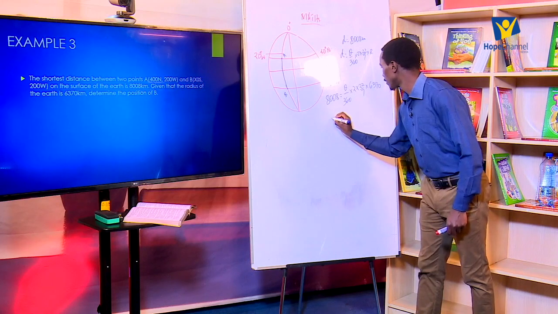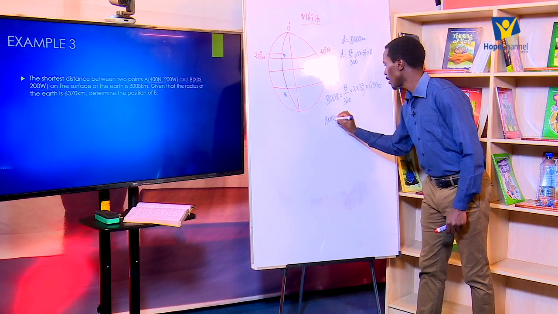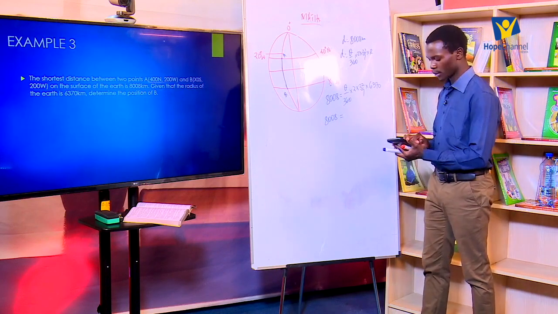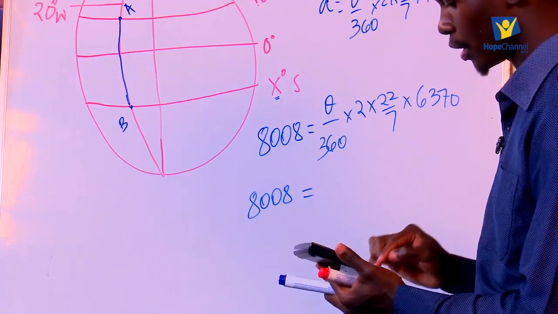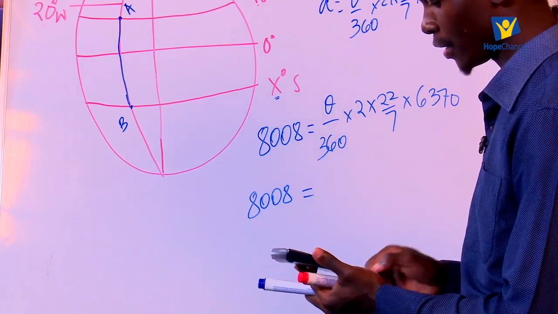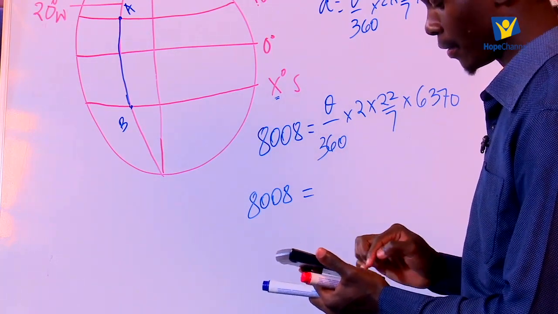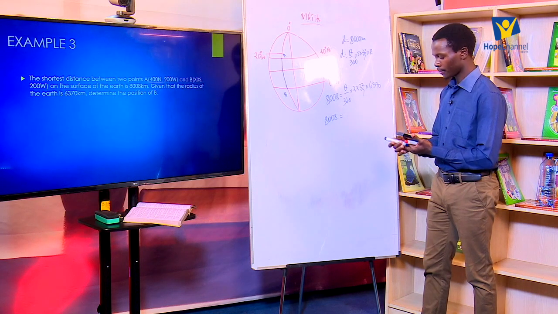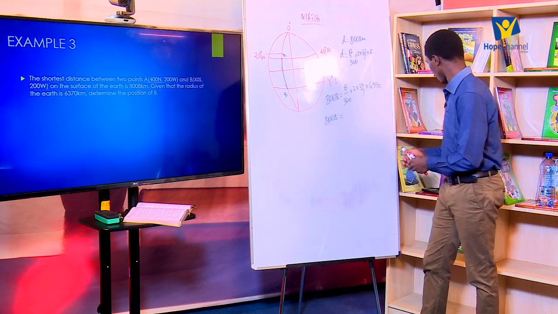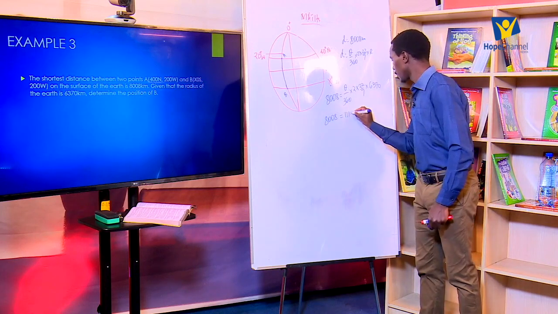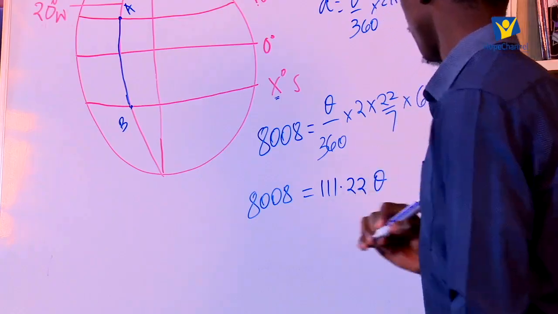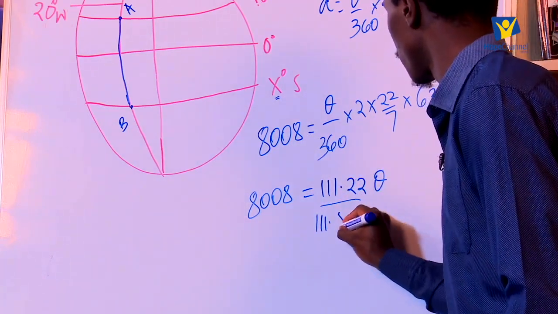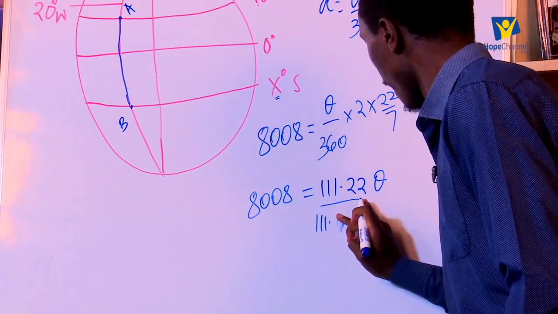So that should be giving us 8,008 being equal to, let's use our calculator, 22 times 6370 divided by 360 times 7. That gives us 111.22 theta.